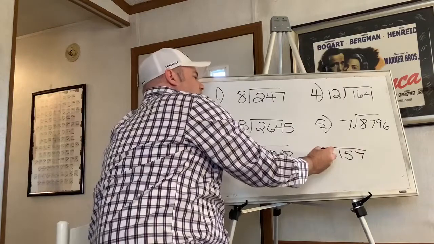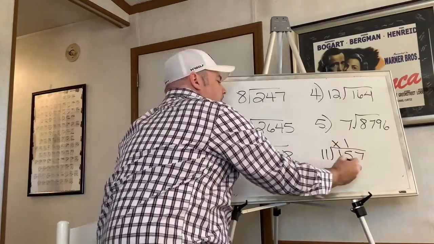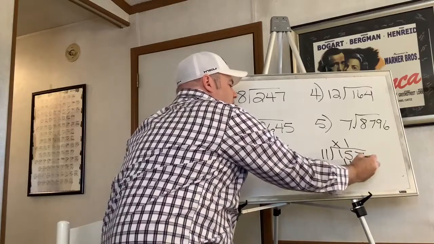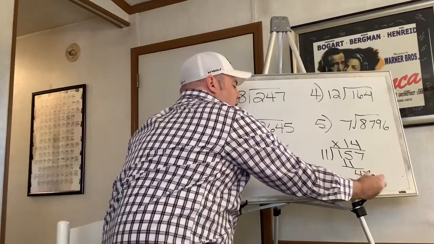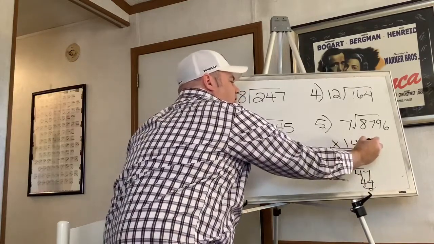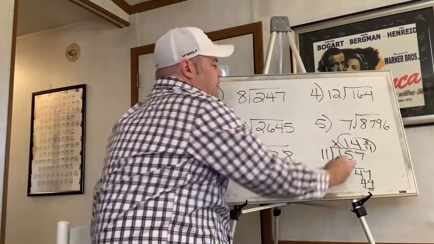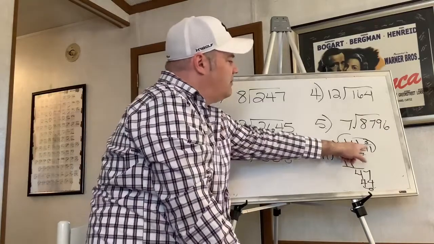Okay, so 11 doesn't go into 1, but it goes into 15 one time. Bring down my 7. Goes into here 4 times. And I have this remainder of 3. Well, I take that 3 and put it above 11. Okay? I put the 3 above the 11. So it doesn't matter how big this number is. It's the bottom of the fraction.